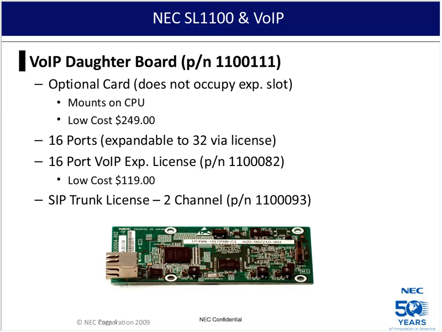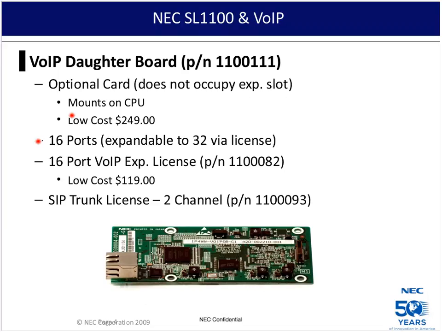Here are the components required, and it starts with the voice over IP Daughterboard. The Daughterboard is an optional card, in that it does not occupy an expansion slot in the SL1100 cabinet. It mounts directly onto the CPU, at a very low cost of $249 to the dealer.